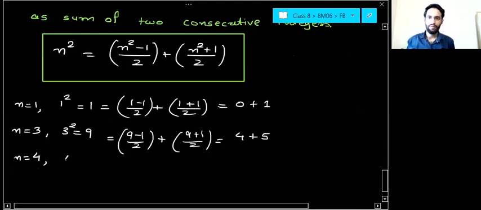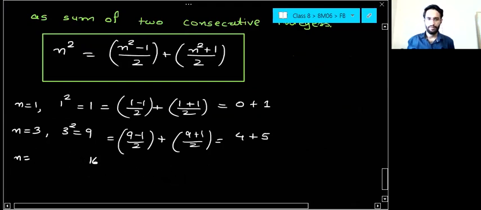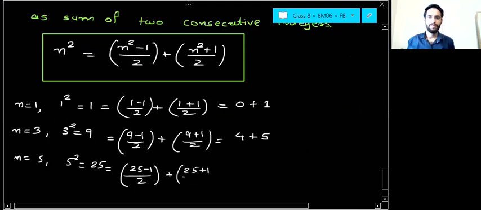If I take n equal to 4, 4 square equal to 16. So can I write 16 as (16 minus 1)/2 plus (16 plus 1)/2? No, sorry, I cannot take n equal to 4, my mistake. n is equal to 5, 5 square equal to 25, (25 minus 1)/2 plus (25 plus 1)/2.